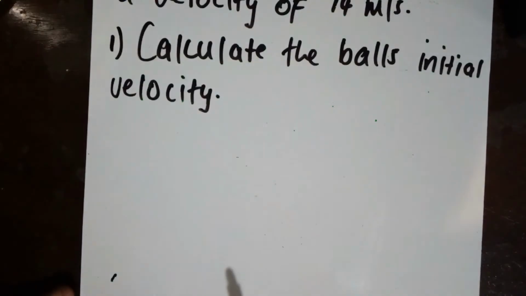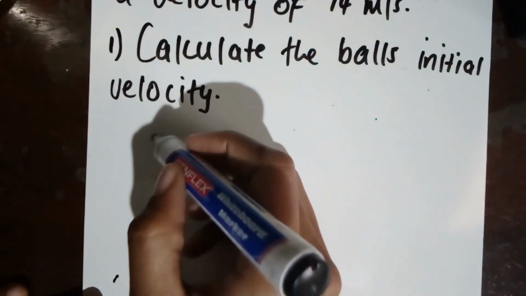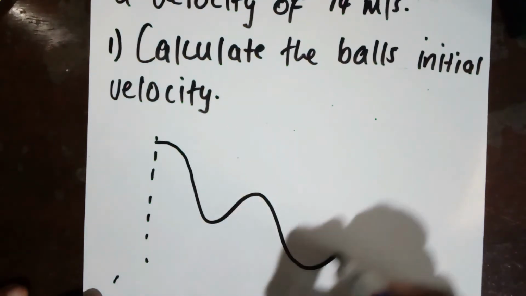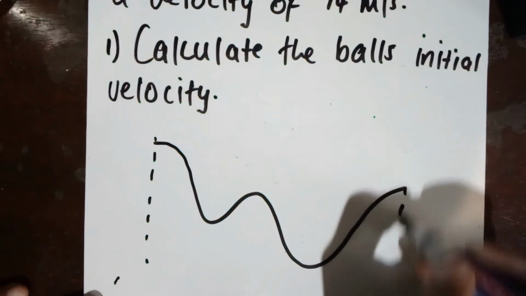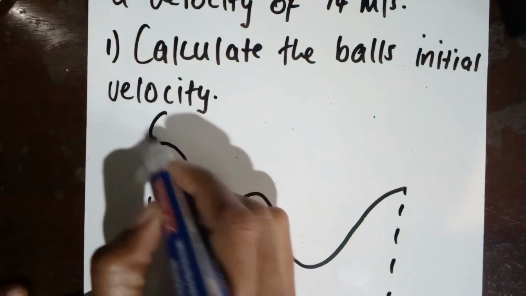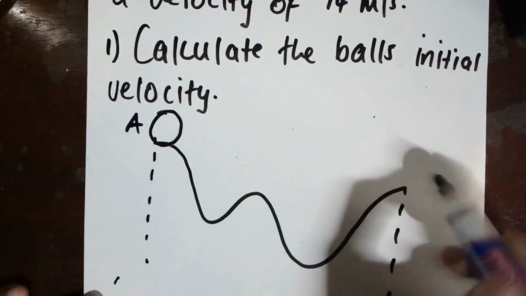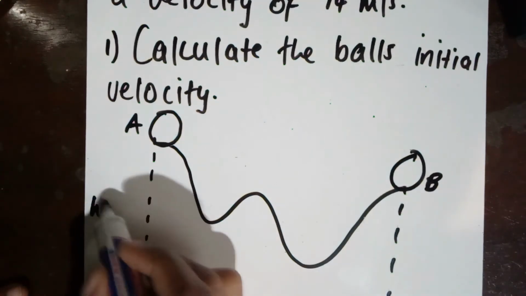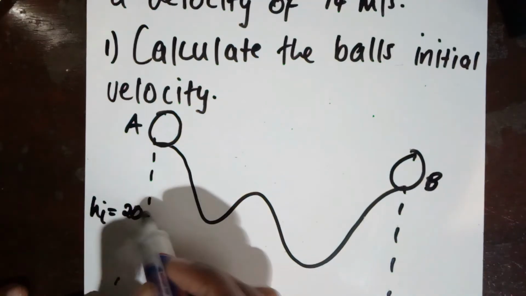So let us attempt to draw the situation. So we have a toy roller coaster, and we're moving from this point here, we call this point A, and then we call this point B, and the initial height here is 20 meters.